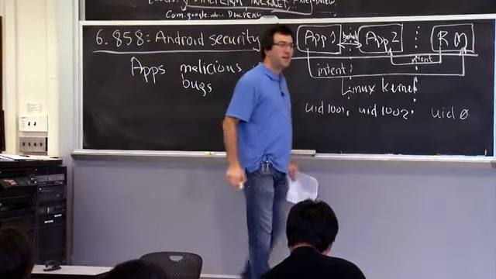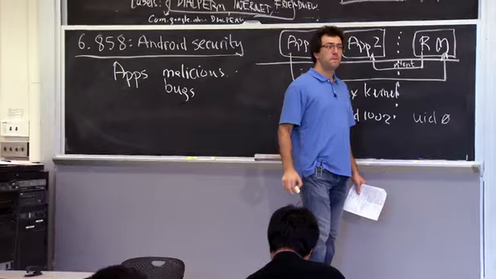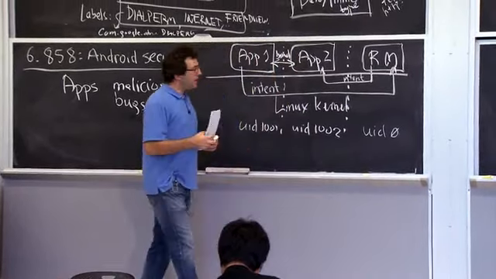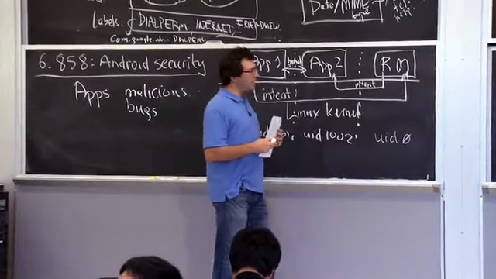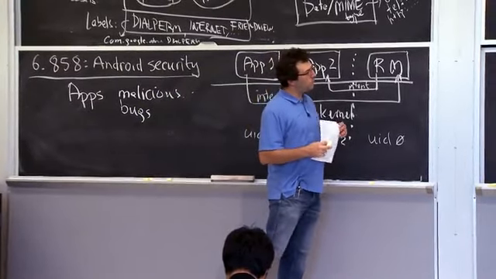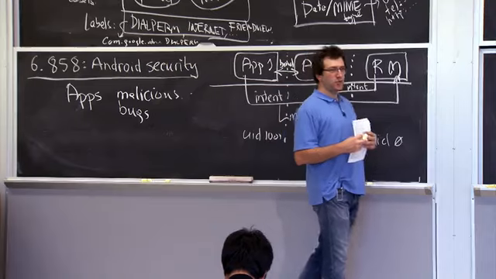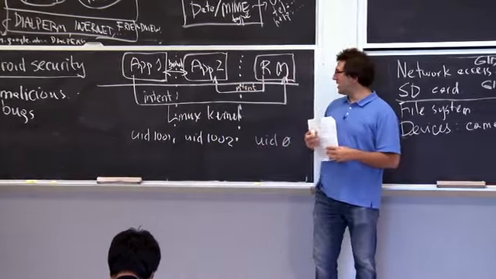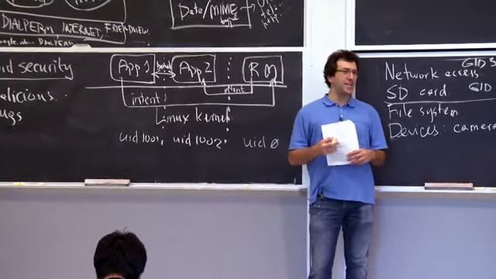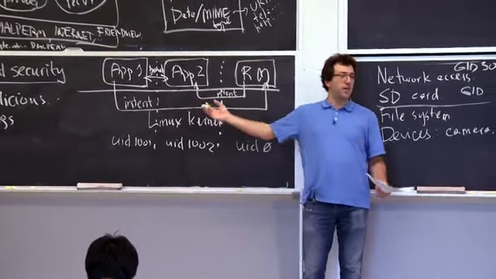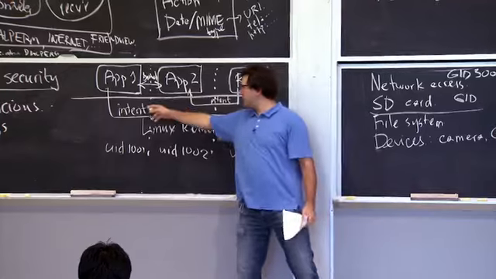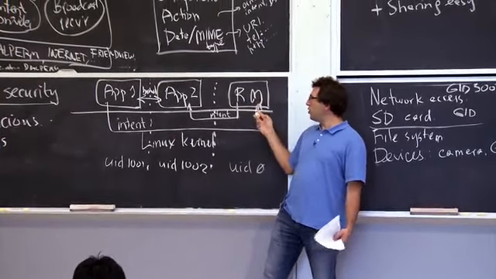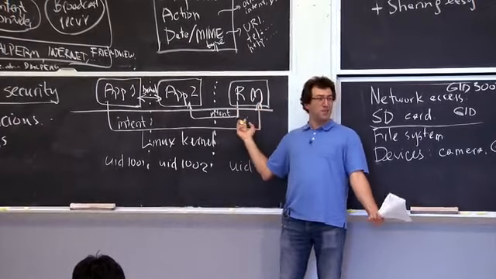Question? Whenever the labels don't match up, does it hard fail, or does that functionality itself just not work? Well, I think it depends on exactly what the application is trying to do that is going to require that label. If the application is going to send an intent, and sending that intent requires a particular label like dial perm, well, you might send the intent to the reference monitor, and the reference monitor is going to say, well, there's no application that is willing to accept your message.